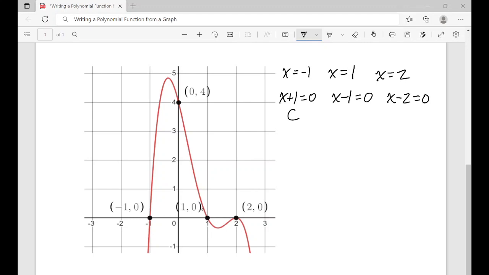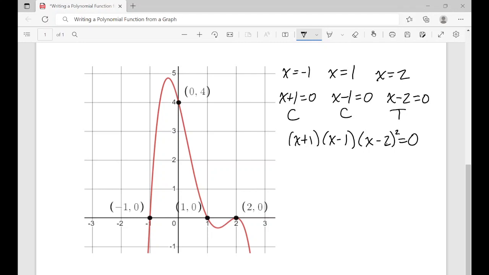At +1, again, it's odd because it crosses, so I'll say this is also a 1. And at 2, it touches, so I can say it's even, and I'm going to say it's just a 2 for a multiplicity. So when I bring them back together, I'm going to get x plus 1 to the first, x minus 1 to the first, and then x minus 2 squared equals 0.